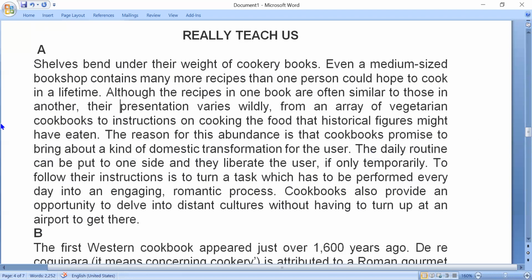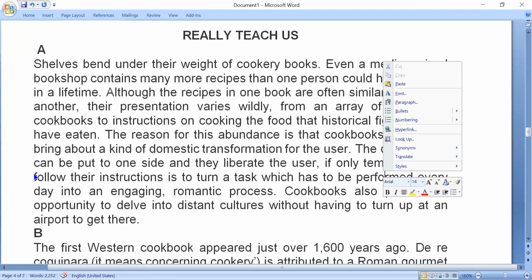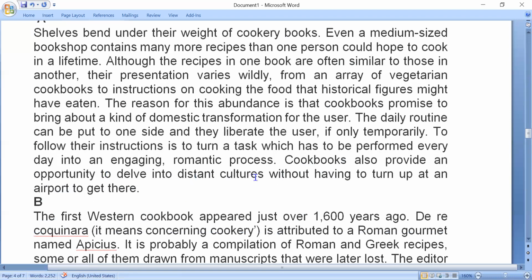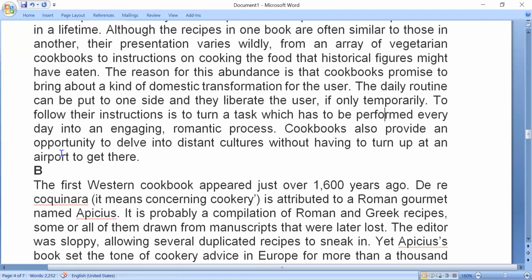The daily routine can be put to one side and they liberate the user, if only temporarily. To follow their instructions is to turn a task which has to be performed every day into an engaging romantic process. Cookbooks also provide an opportunity to delve into distant cultures without having to turn up at an airport to get there.